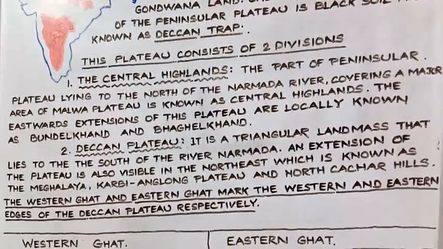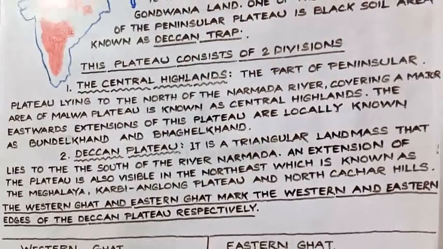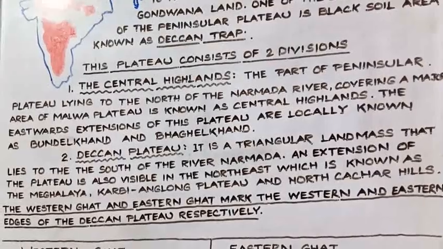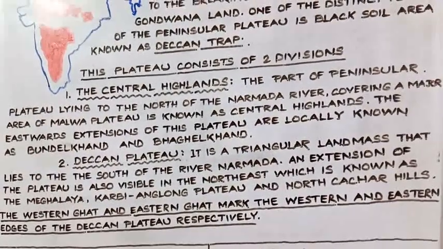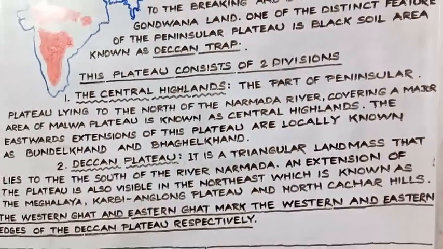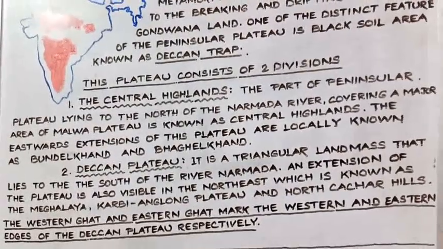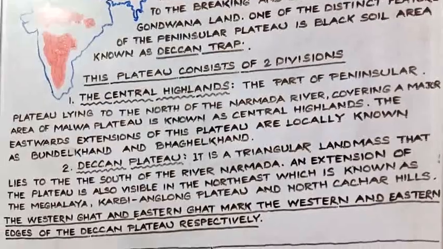So this area is located in the south, but it has a little extension towards the northeastern part of India, that is the Assam, Meghalaya region, but that is not important as such. The major part of it lies in the southern part.